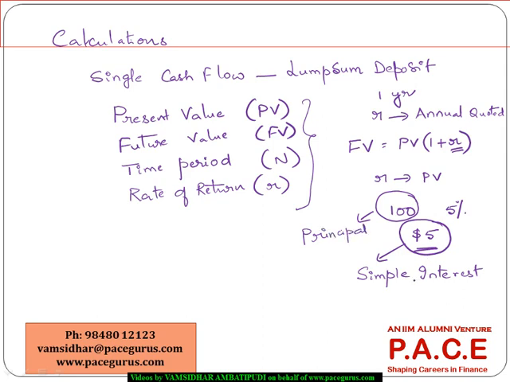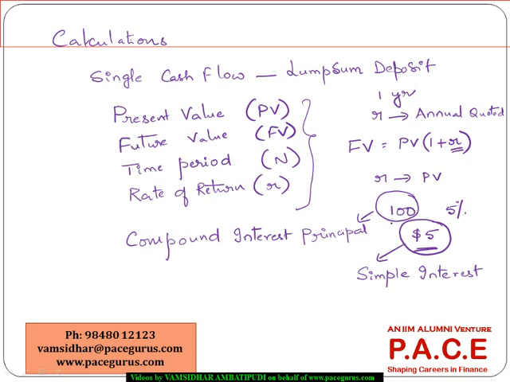That 5 I am getting is the interest, and I have invested it for a 1 year period. But in general, the majority of finance applications do not go with simple interest, they go with compound interest. What is this compound interest all about?